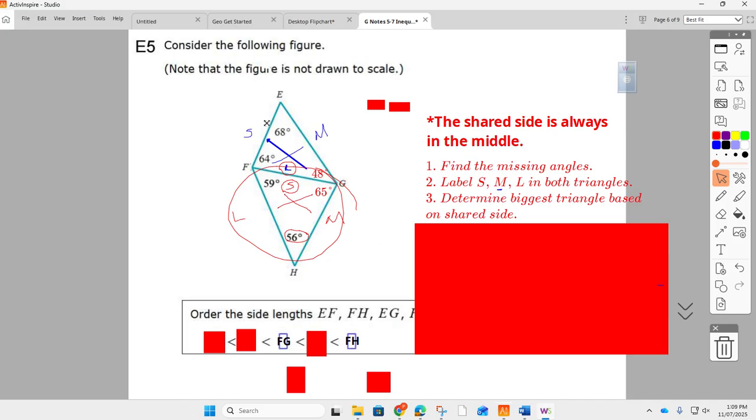FE. The bottom three come from the smallest triangle, the top three come from the biggest triangle. Right? The bigger sides are on the right, the shorter sides are on the left. So the medium one is EG in the small triangle, and the medium one in the big triangle is GH.